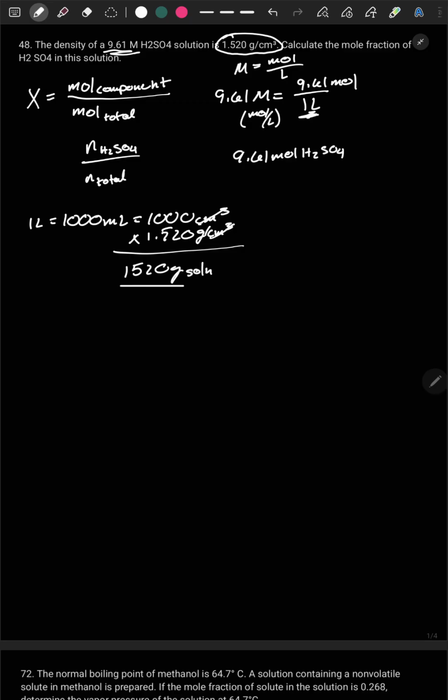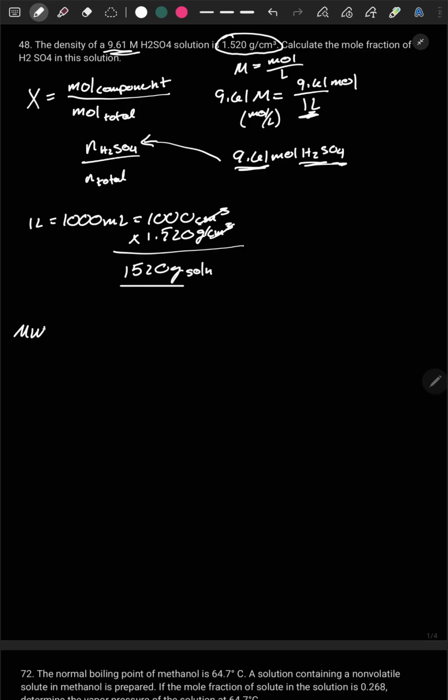But in order to get the mole fraction, we need the moles. We have this, which is going to end up being our numerator, but we don't have the n total. Well, what else are we missing? If it's a solution, we can figure that it's probably going to have water as the solvent. So let's see, what can we do here? We can take this H2SO4 and find its molecular weight.